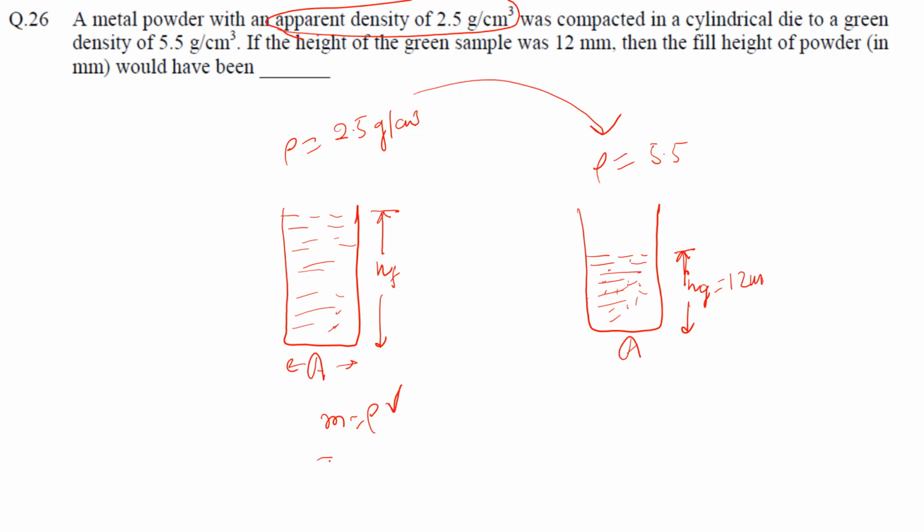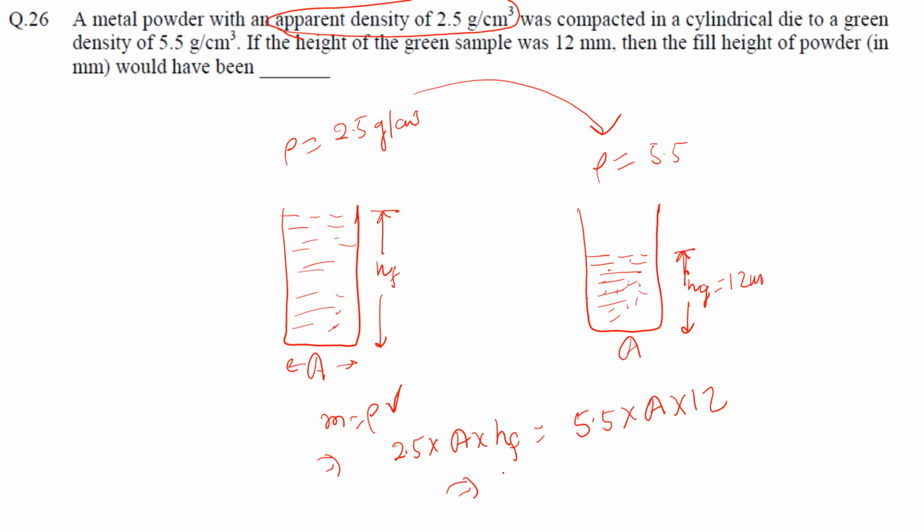In the first case, density is 2.5 and volume is area into height, where height is HF, which we need to calculate. Here it is 5.5 into area into 12 mm.